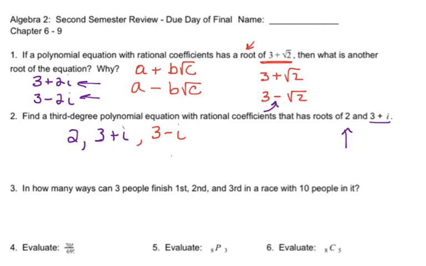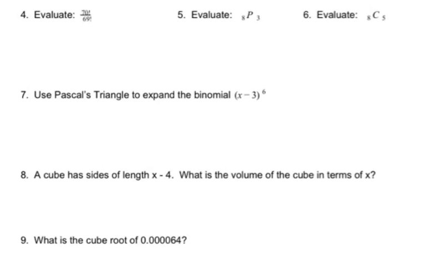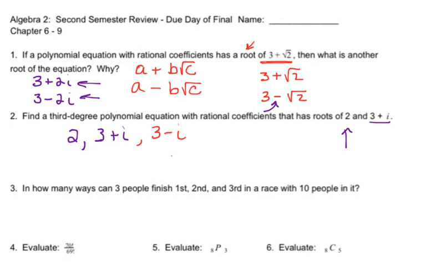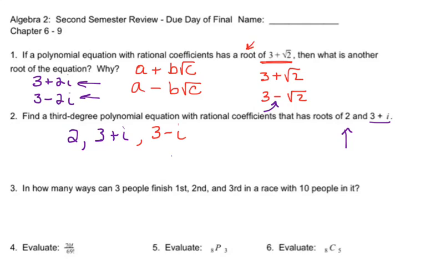Okay, so with those 3 solutions, I'm going to put a new page in here, because this one takes quite a bit of work. Alright, so I'm going to take those 3 solutions, 2, 3 plus i, and 3 minus i.